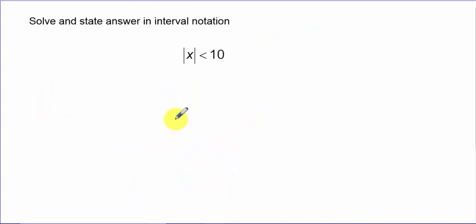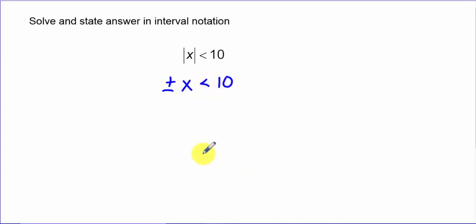Now we jump to absolute value inequalities. We talked about before that if we want to work with absolute values, we've got to pull the x out. And to pull the x out, we found that the value inside is either a positive or a negative of that x, and that's going to be less than 10.